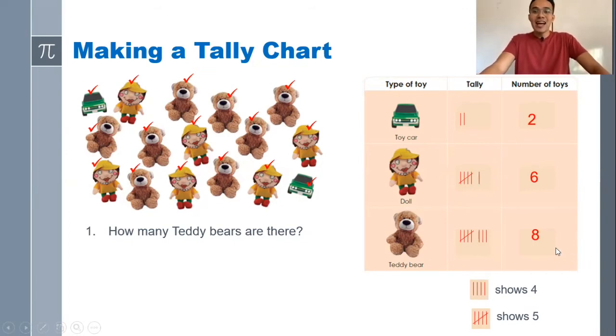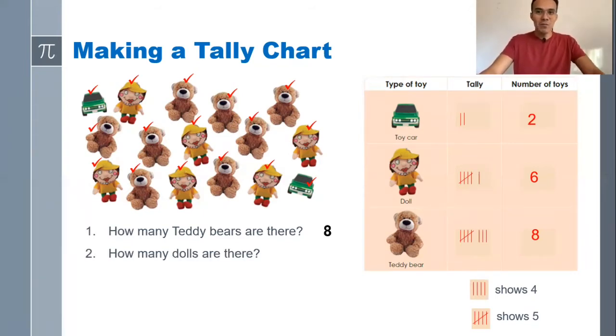There are 8 of them. So we just write 8. See? That's the reason why it is important to make a tally chart, to avoid counting over and over again.